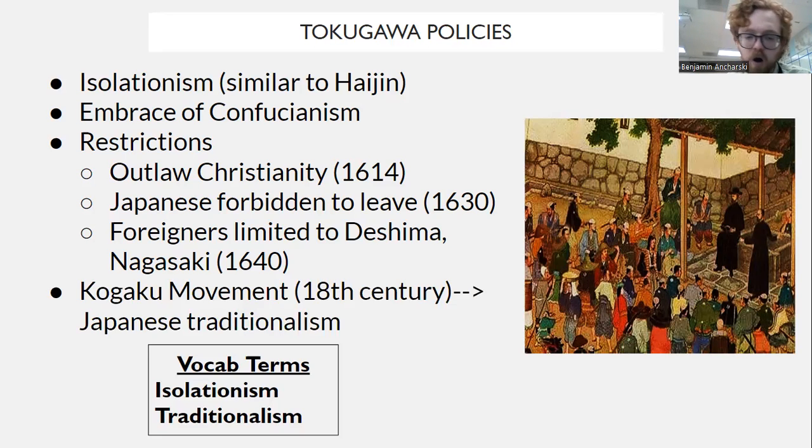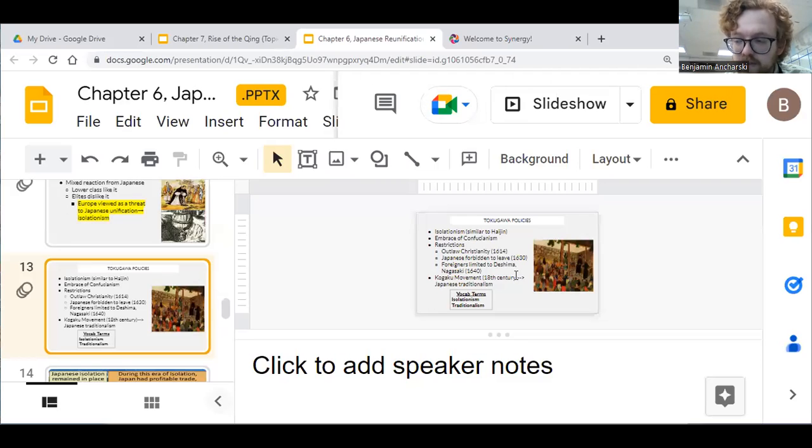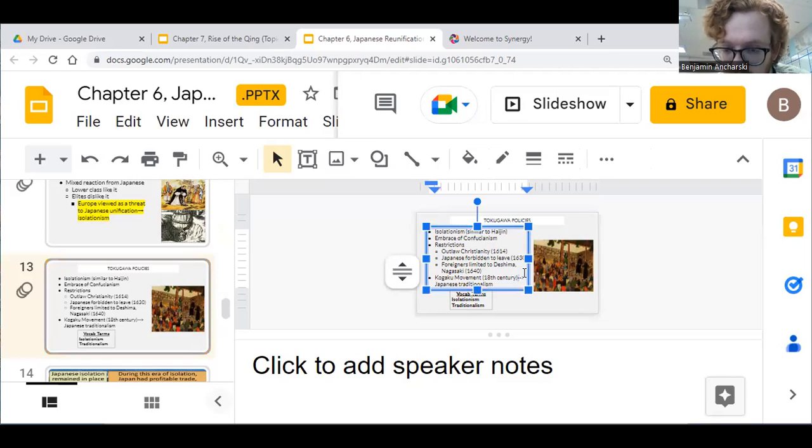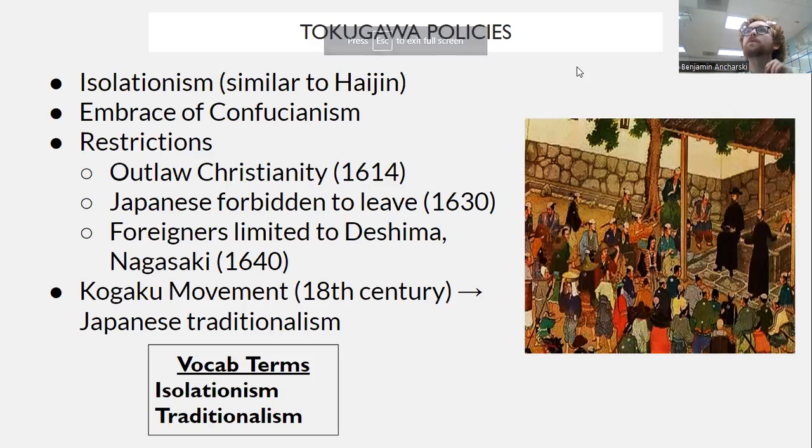But culturally, we are seeing a change as well. We are going to see kind of the development of a more traditionalist society, one that is more focused on Japanese customs as opposed to European customs. We do see the rise of a movement in Japanese history known as the Kogaku movement.